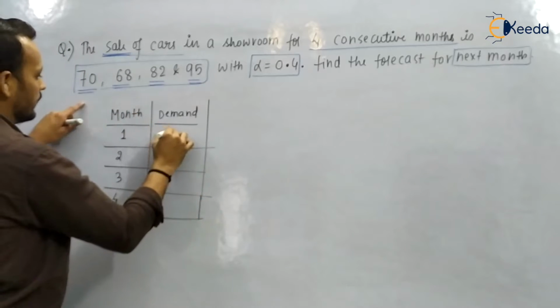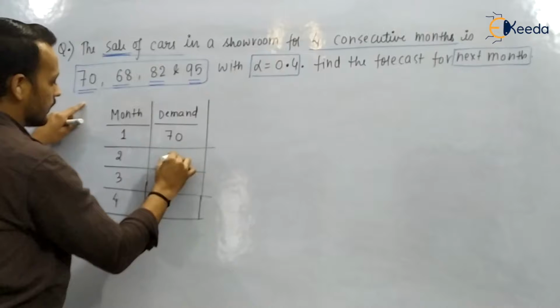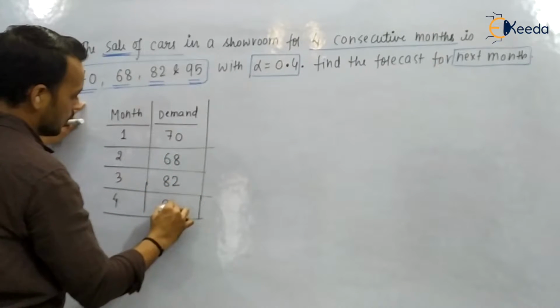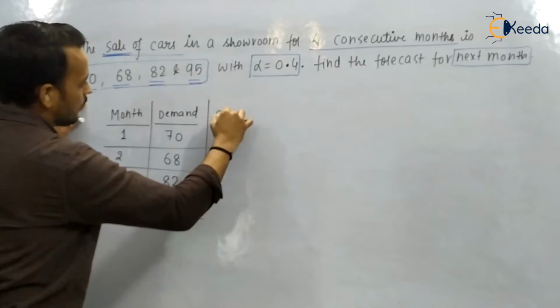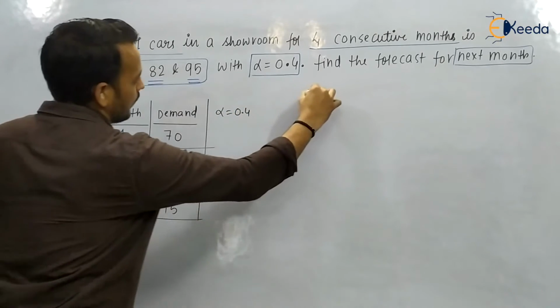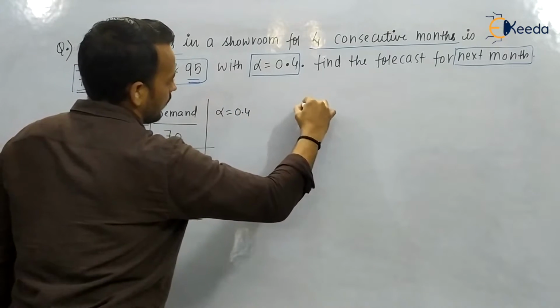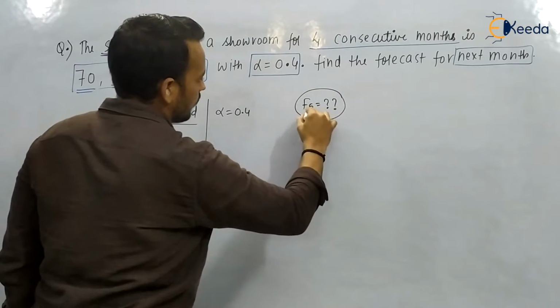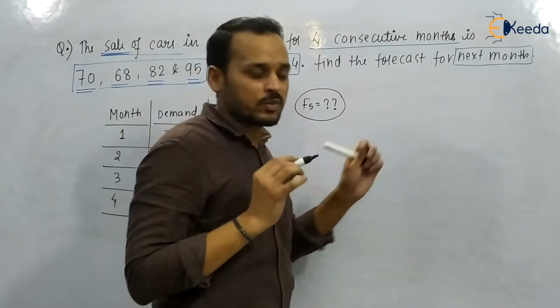For the first month it is 70, for the second month it is 68, for the third month it is 82 and for the fourth month it is 95, and alpha is 0.4. They are asking to find the forecast for the 5th month, the next month.